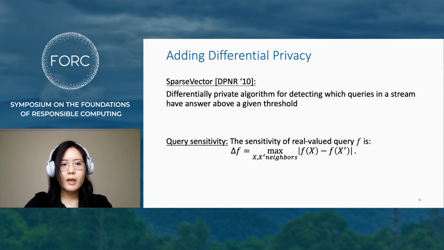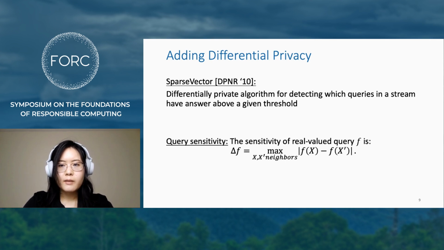To add privacy, the sparse vector is a differentially private algorithm for detecting which queries in a stream have answers above a given threshold. An important quantity in every DP algorithm is the query sensitivity, and we usually use the additive sensitivity notion.